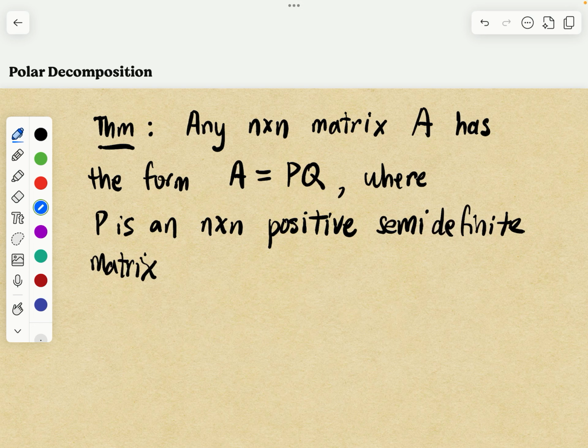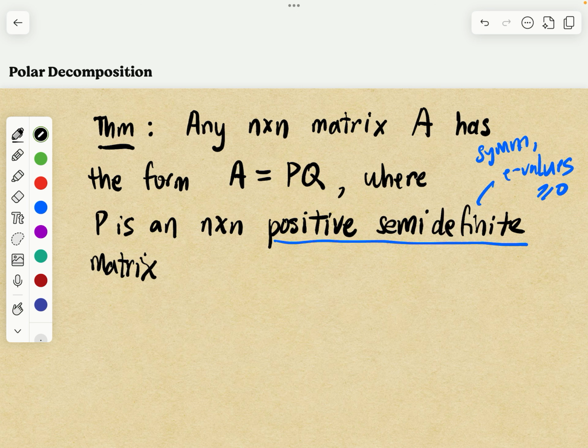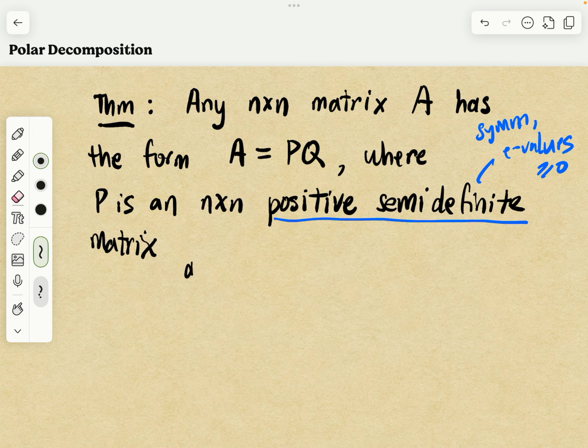In case you don't know what positive semi-definite means, it means that it's a symmetric matrix and its eigenvalues are non-negative. So P is some positive semi-definite matrix and Q is an n by n orthogonal matrix.